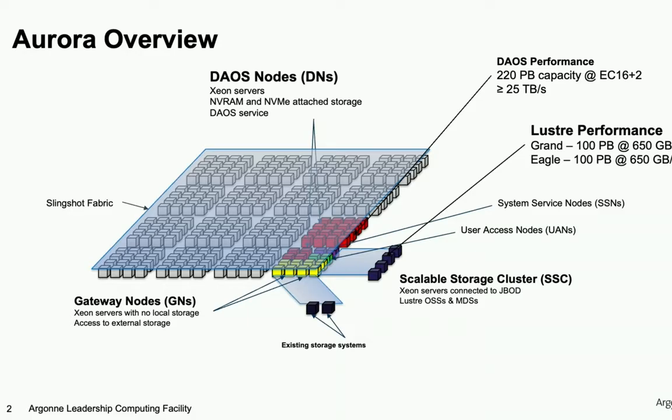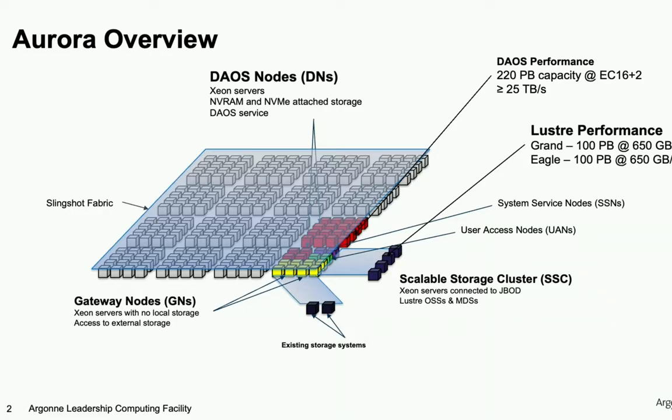Next, the dark purple boxes are our Lustre system, which is external to Aurora and connects through these gateway nodes. The Lustre storage system is on an InfiniBand storage network. We have two different file systems, and they're both identical. One is called Grand and one is called Eagle.